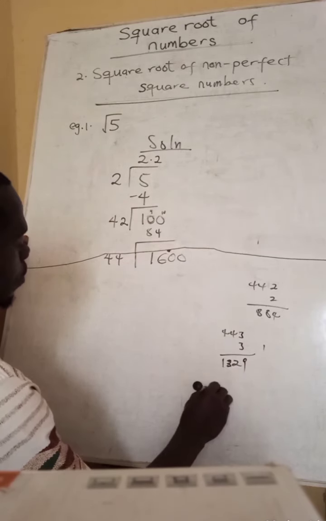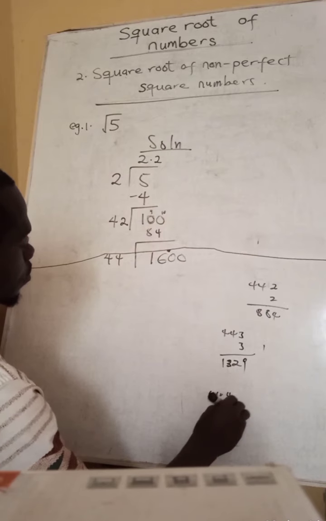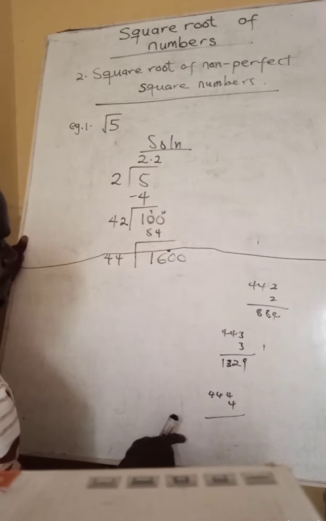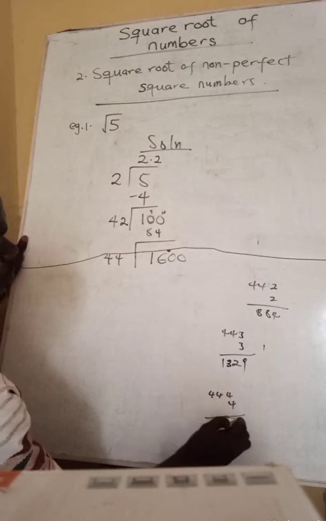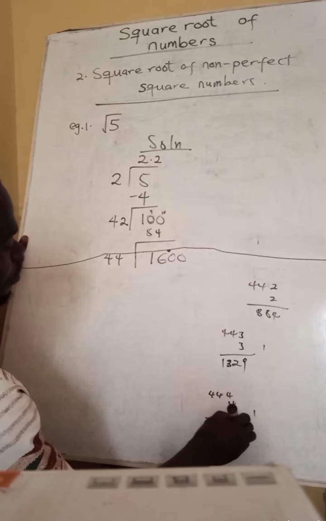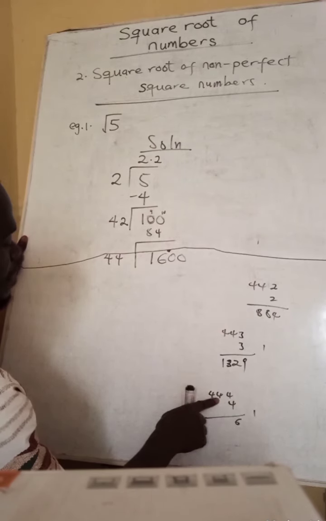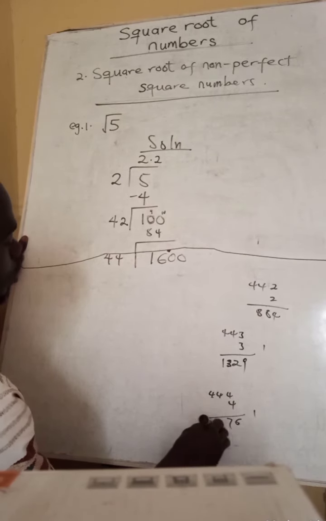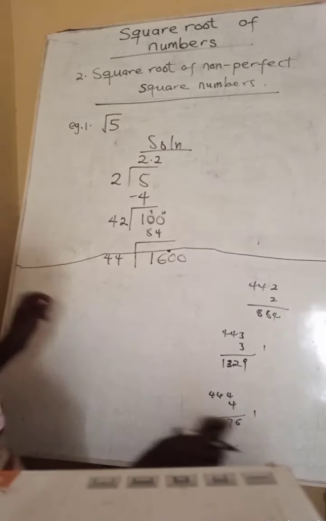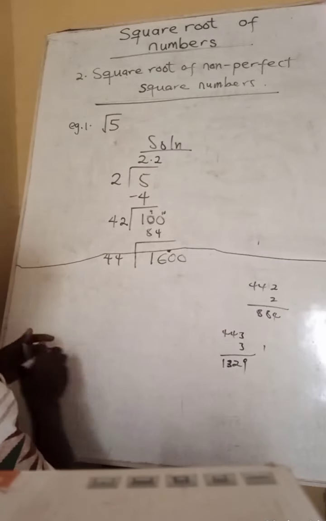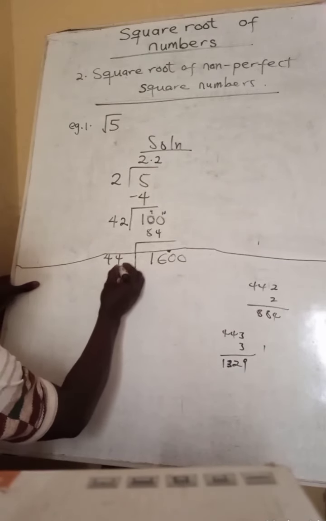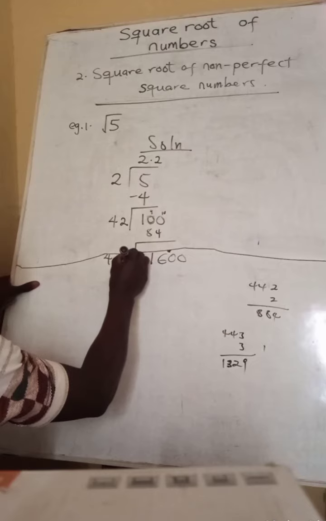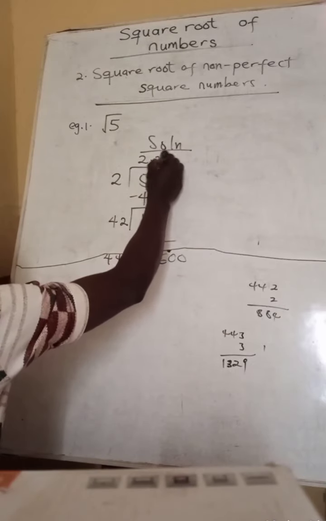So let's pick 4 and see. 4 by 4 is 16, 6 remainder 1. 16, 17, 7 remainder 1. 16. So of course it's bigger. It's bigger, so we consider the one which is closer. So the number we are going to put here will be 3, and that same number there will be 3.